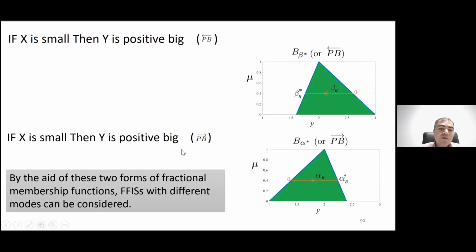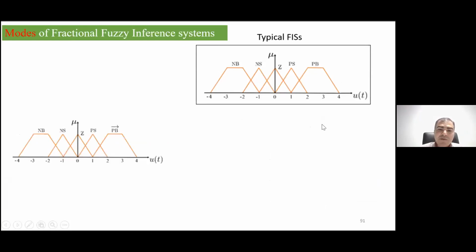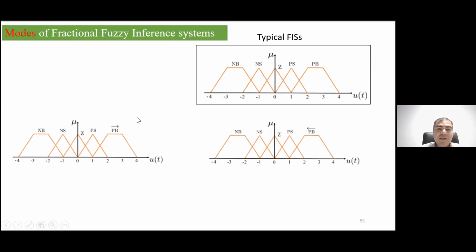So with the aid of these two forms of fractional membership functions, FFISs with different modes can be considered. And if you consider these membership functions as a set of membership functions in the consequent parts of a fuzzy inference system, for example, we may consider the PB as a fractional membership function. And we have a fractional fuzzy inference system, and this is another fractional fuzzy inference system because this membership function is in the alpha form.